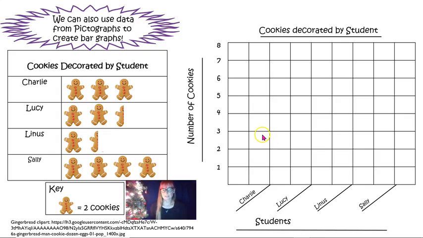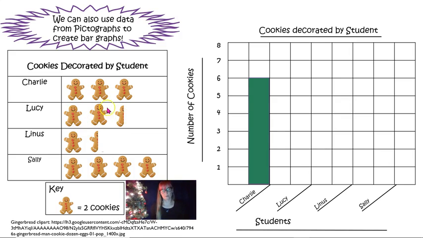I'm going to look to see how many cookies Charlie has made. 2, 4, 6. So my bar for Charlie is going to go to the 6. Next, I'm going to look at how many Lucy made. Lucy made 2, 4, and then she has a half a cookie here. Half of 2 is 1, so I'm going to add 1 to 4.